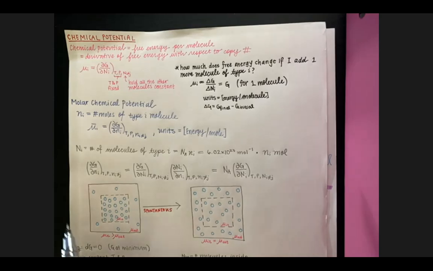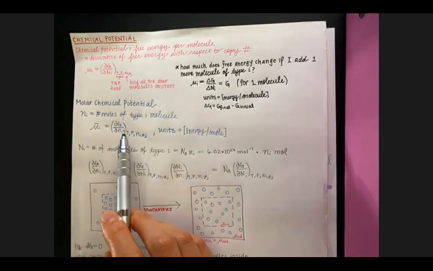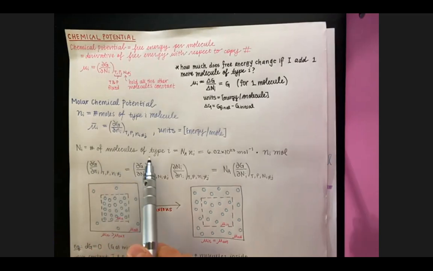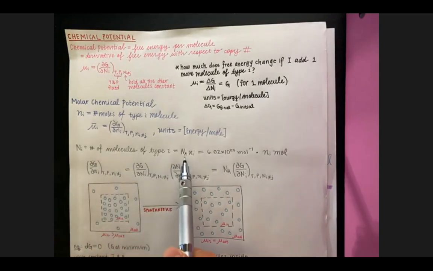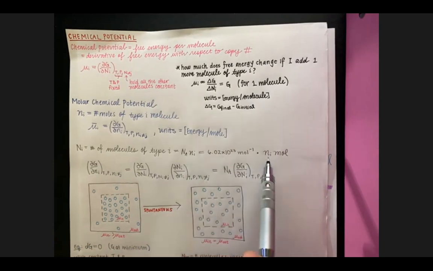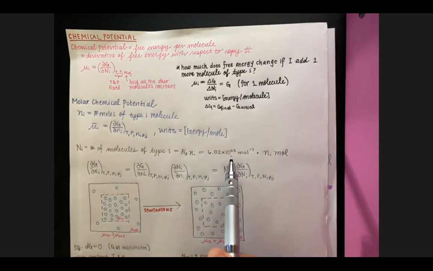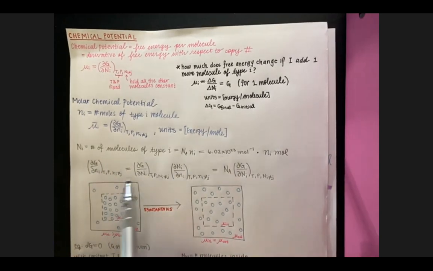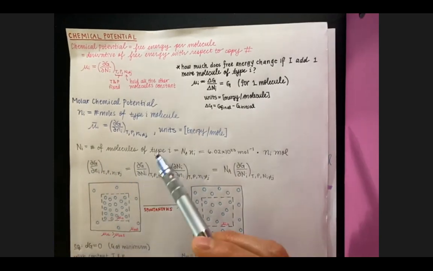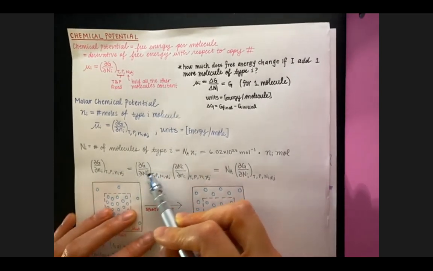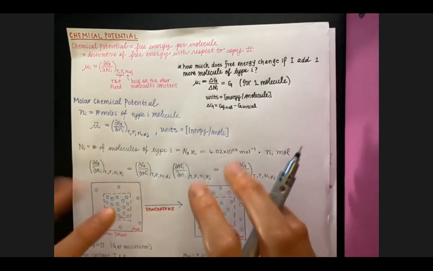Okay, and we can also rewrite this here. So big N sub i is the number of molecules of type i, which equals Avogadro's number times the moles, right? So if we multiply these out, we're going to get a number of molecules. And so when we rewrite this expression for chemical potential, we can get this expression here, and you can see that they're equal because these cancel out.